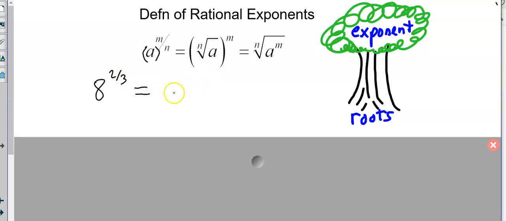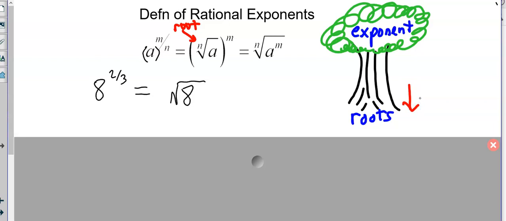And then there's radical form. So radical form, you can convert it into one of two things. So the 8 goes here. That's like your a. n is down low. So the 3, the root, understand like the root or index of a radical is always right there in that spot. On a tree, the root is down low.